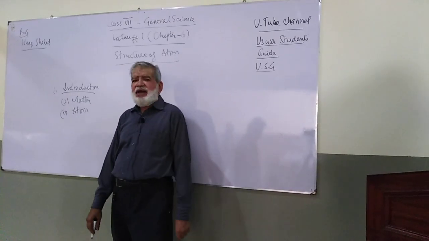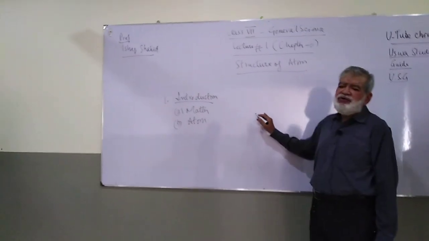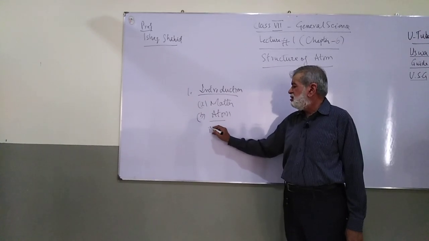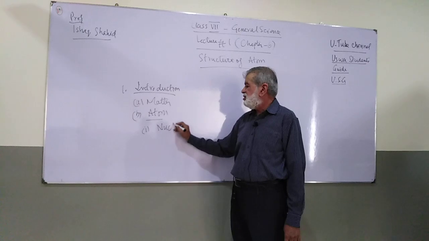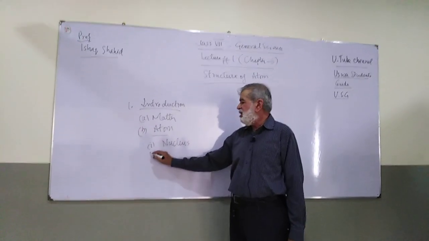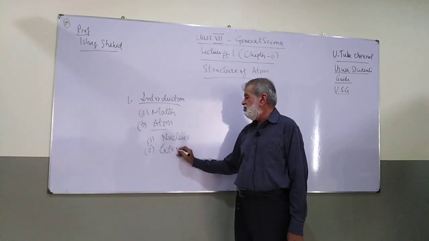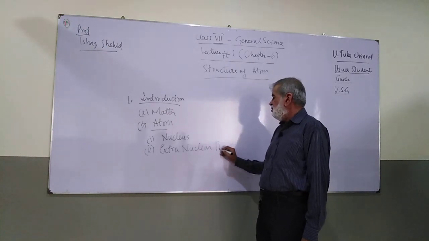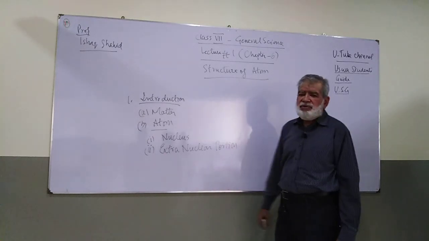The structure of an atom is composed of two parts. The first part of an atom is the nucleus, and the second part is the extranuclear portion.